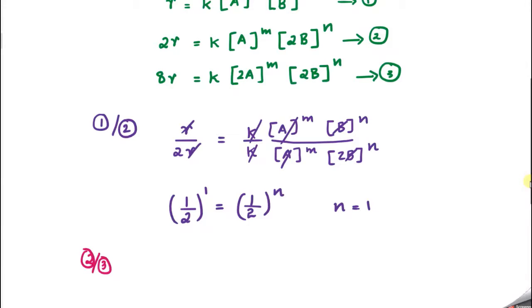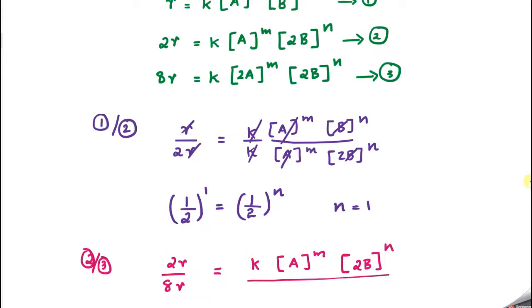So it will become 2R divided by 8R, equal to K, A power m, and 2B raised to n, divided by K, 2A power m, and 2B raised to n.